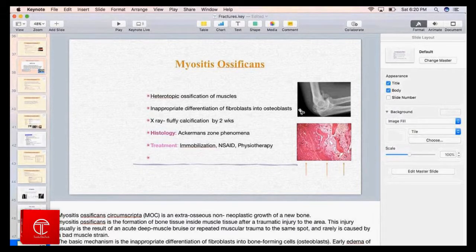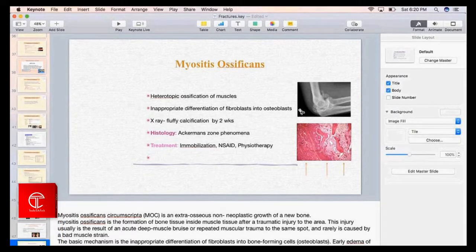With horse riding, there will be chance for injury to the hip adductor muscles, and there is chance for hematoma formation in the adductor longus or adductor magnus, and ossification, that is a rider's bone. Here it is fencer's bone, your brachialis. So these injuries usually result from an acute deep muscle bruise or repeated muscle trauma to the same area.